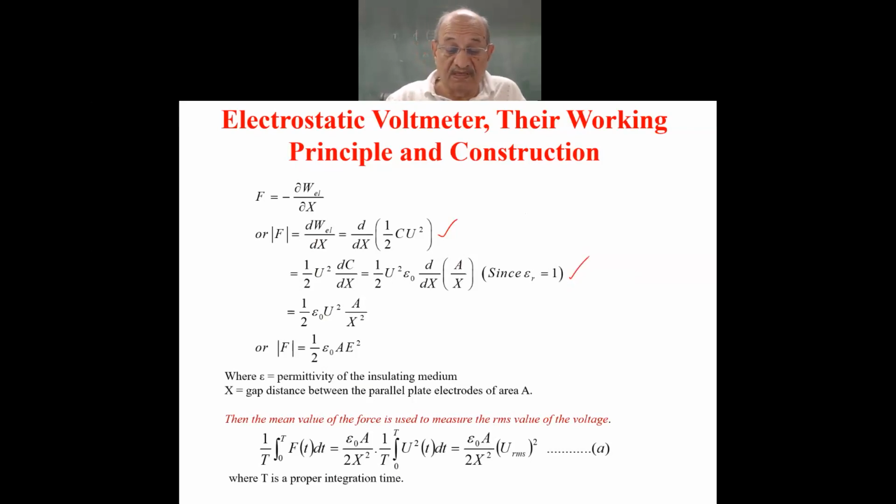So this derives the equation, that is the magnitude of the force, as you can see here, is equal to half epsilon naught U square A by x square.